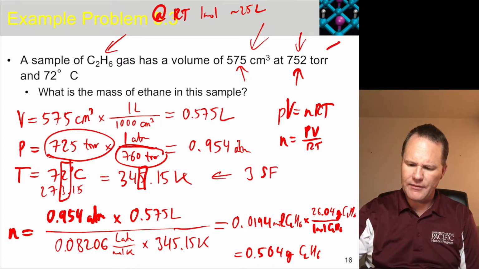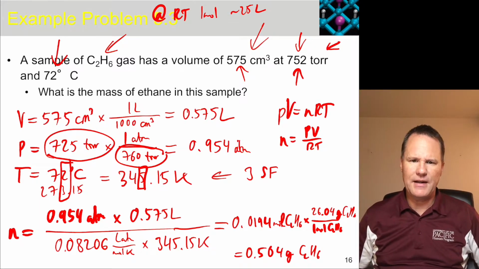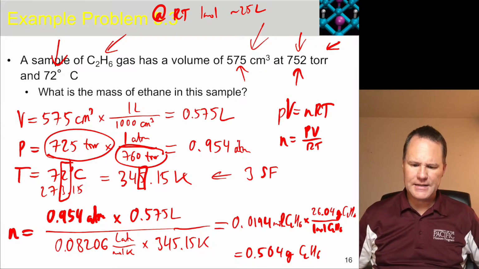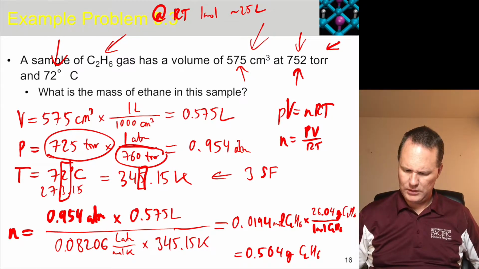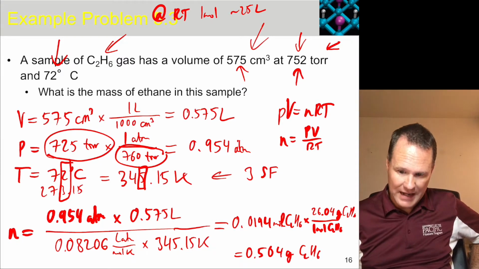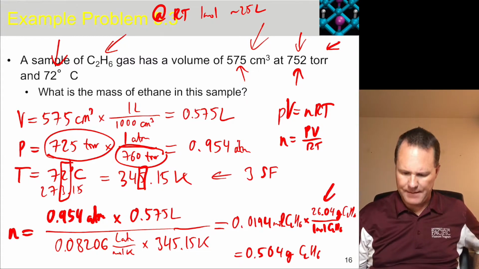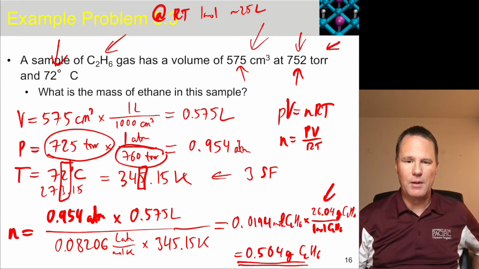The pressure here is roughly an atmosphere, and the temperature is just a little bit above room temperature. And so what I'm expecting is approximately 1/50th of a mole, and that would be roughly the 25 grams per mole here. So divided by 50, I'm expecting about half a gram, and indeed what I get is half a gram, and so the calculation is probably okay.